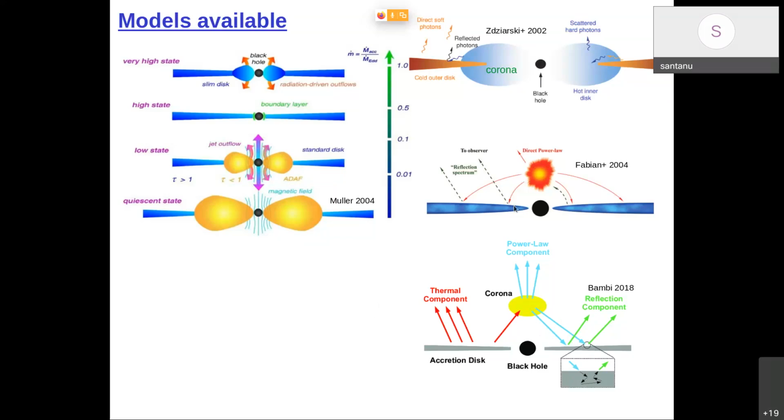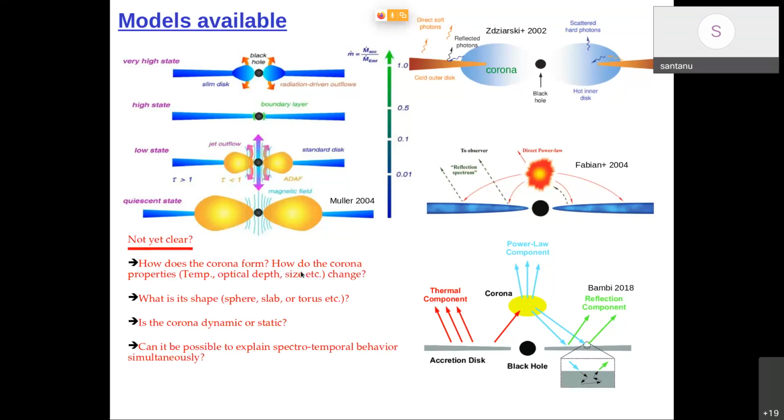However, as you can see in all pictures, one thing is very common: the power law component is coming from the corona and the blackbody component is coming from the disk, but the position of the corona is different in different models, and their origin is also not clear.